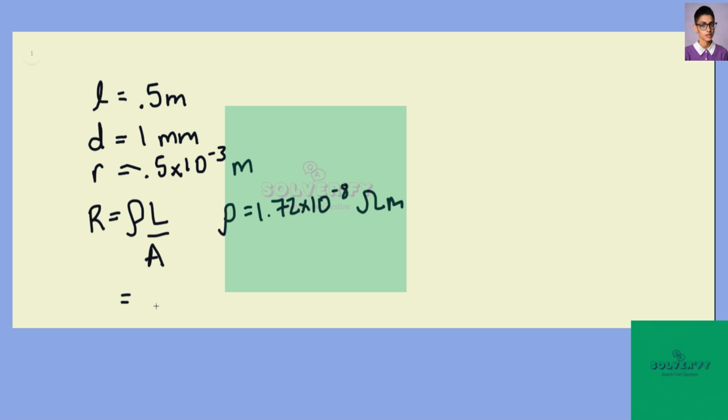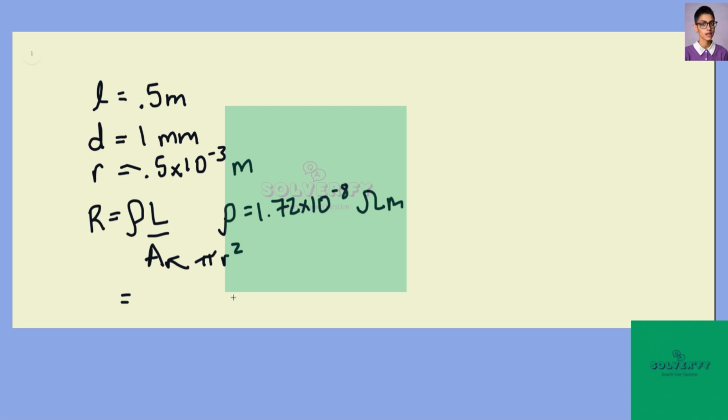So we have the length, and then the cross-sectional area is just pi r squared. It struck me to make sure I differentiate between the radius of the loop and the radius of the cross-sectional area.